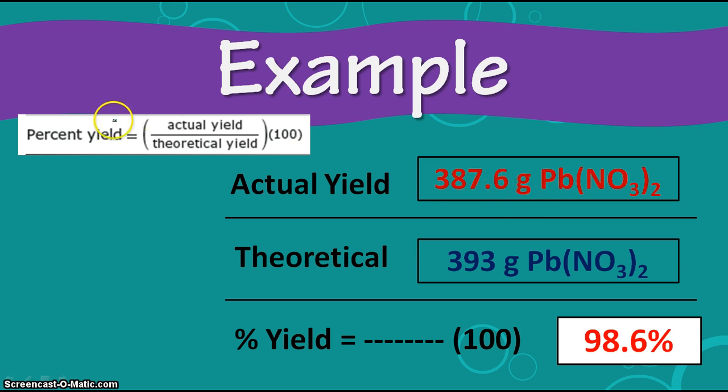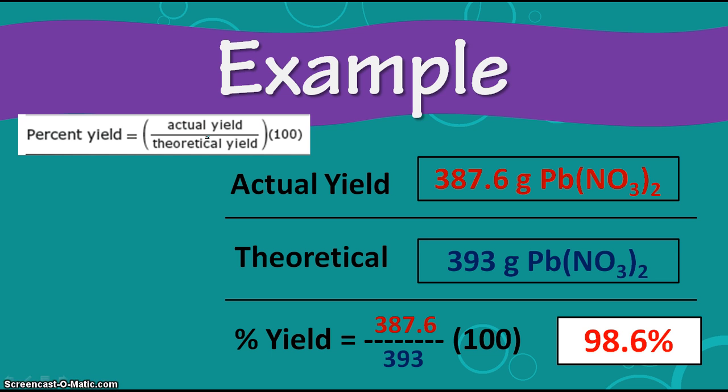To apply this to the formula, we simply divide actual, 387.6, over theoretical, 393, times 100, and you get a percentage of 98.6%, so not a bad yield. What this means is, obviously if we had 100%, we would have had maximum yield.